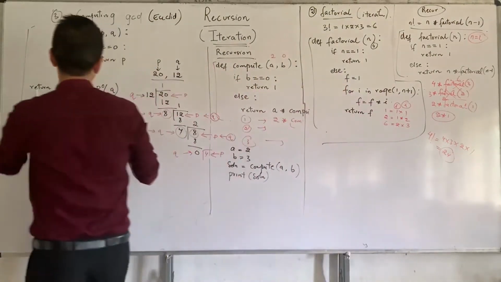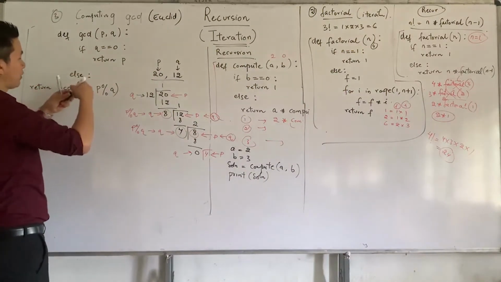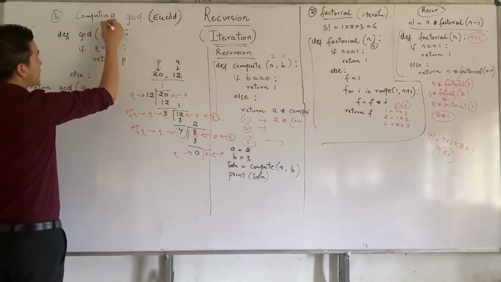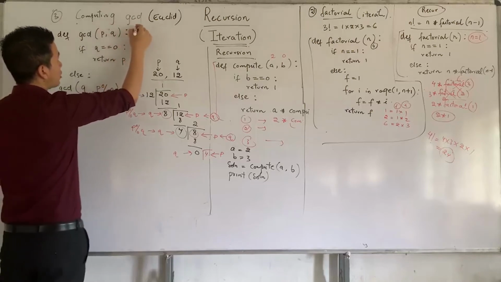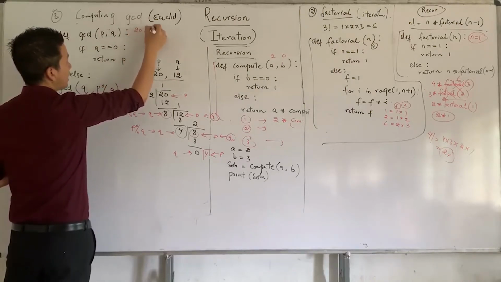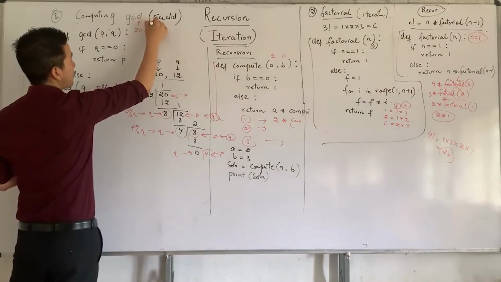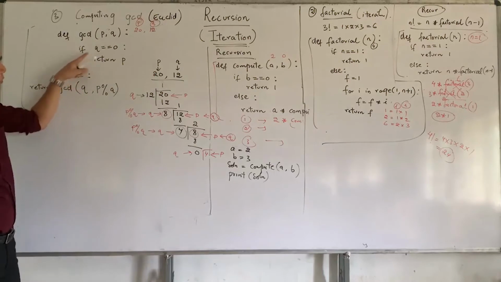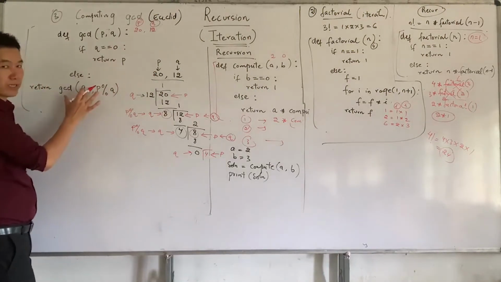So we'll quickly try to run the program. Let's say the value of P is 20, and the original values will be 20 and 12. So this is P and this is Q. The value of Q is certainly not equal to 0, so it gets in here.